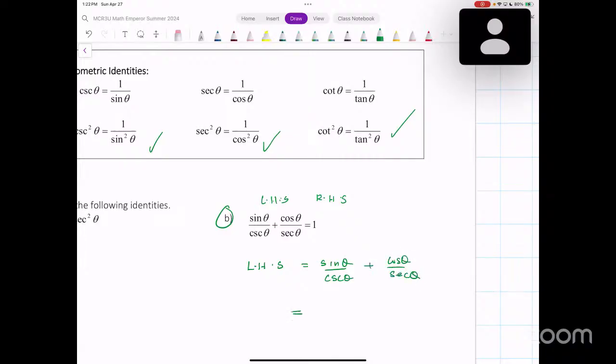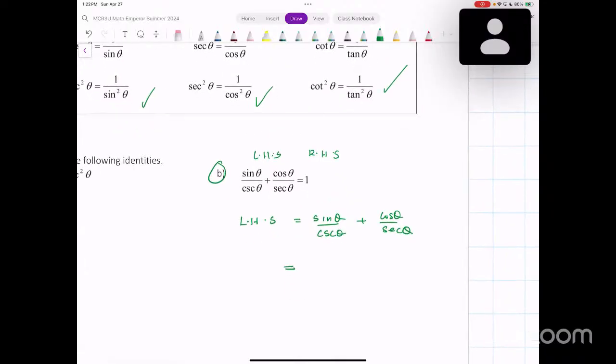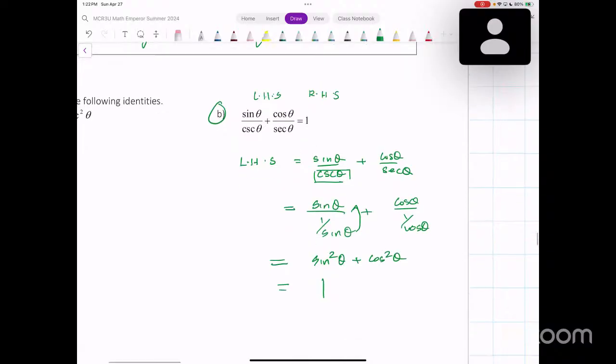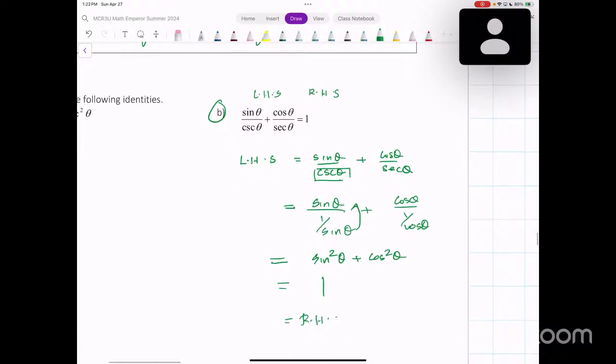Now I'm going to rewrite my reciprocal ratios back to the basic ratios: sine theta over 1 over sine theta plus cos theta over 1 over cos theta. Dividing by sine is multiplying by sine. The sine theta will go up, and that cos theta will go up. What is sine squared theta plus cos squared theta? 1, which is on the right-hand side.